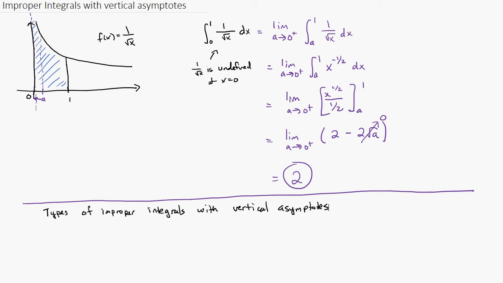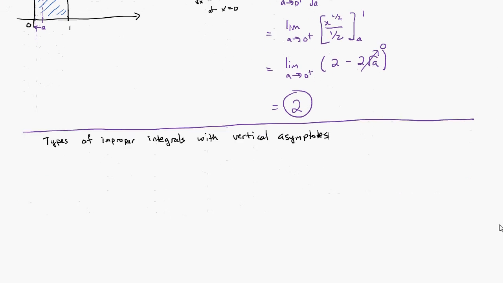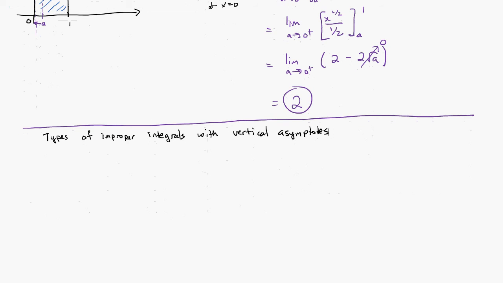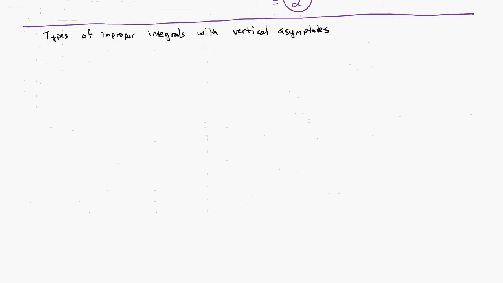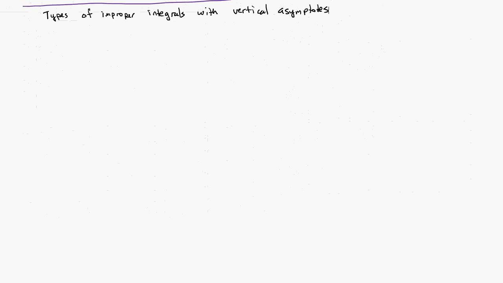Let's summarize the different kinds of vertical asymptotes you can have, and how to set up the corresponding improper integral. The first kind is the kind that we just did in the above example.